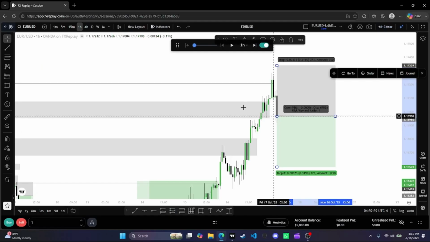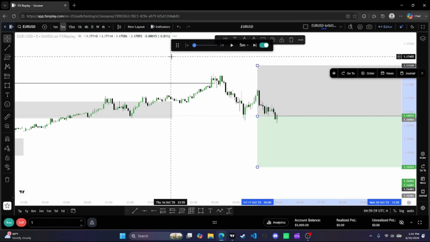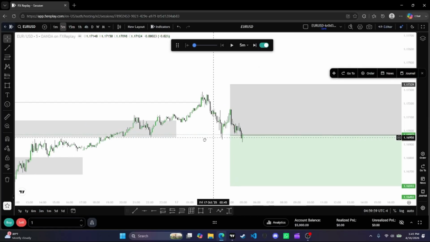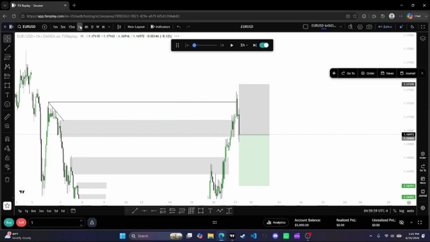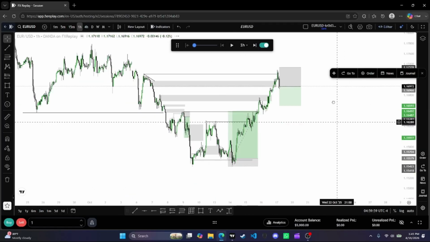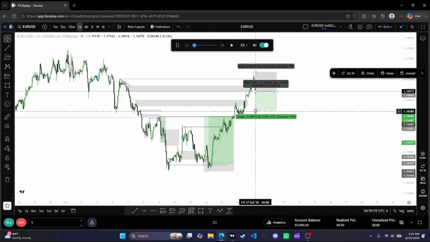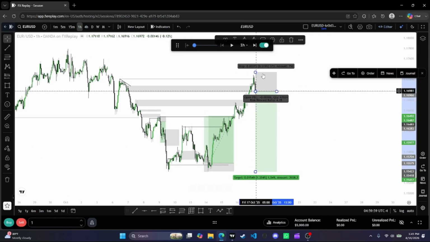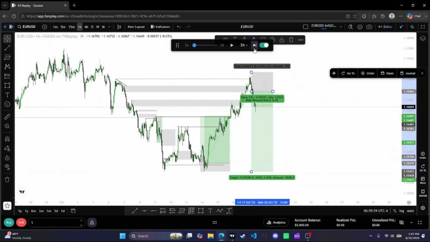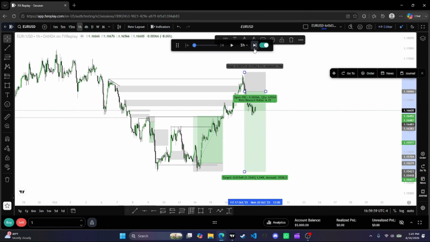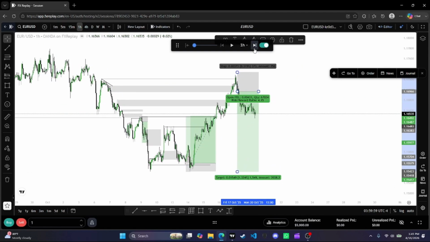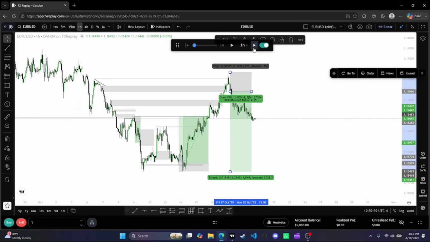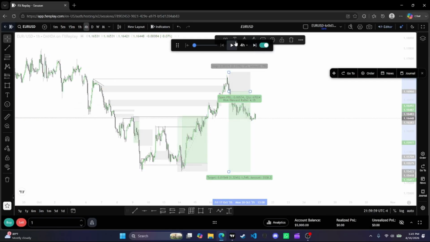so you can take an entry here because this should have made a shift on the lower time frames. Yeah, all right, so 1 hour. Okay, let's go to 4 hours.